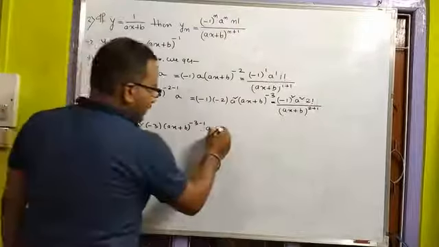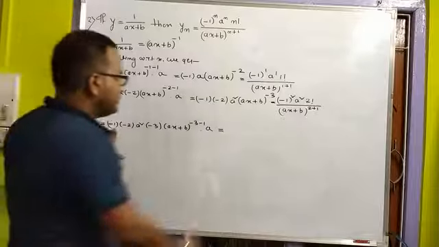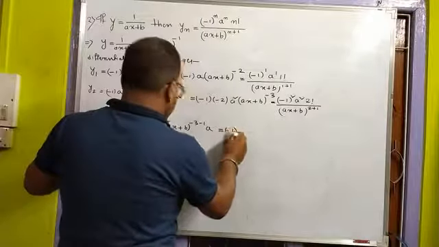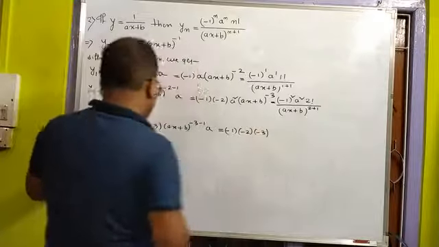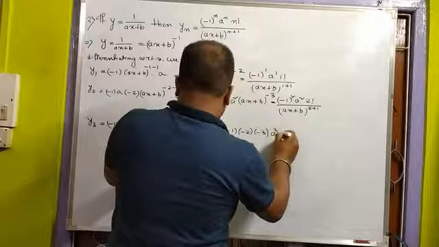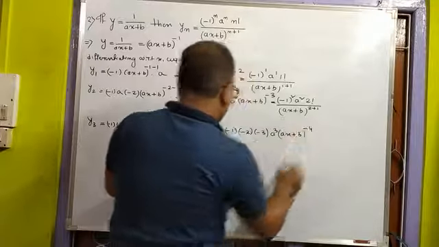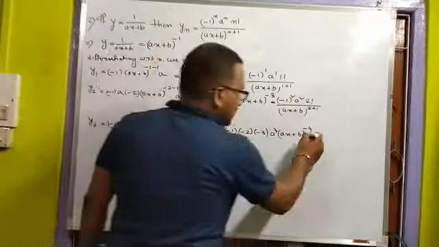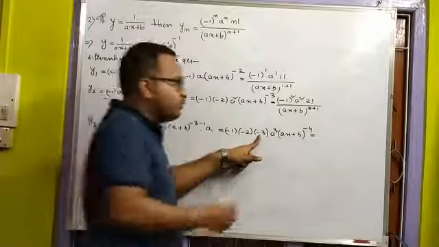Now it equals minus 1, then minus 2, then minus 3, then a square into a, which is a cube, then ax plus b whole thing to the power minus 4. Now minus minus minus will be minus 1 cube.